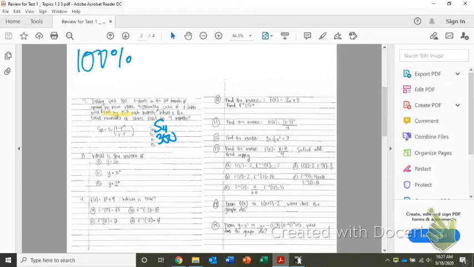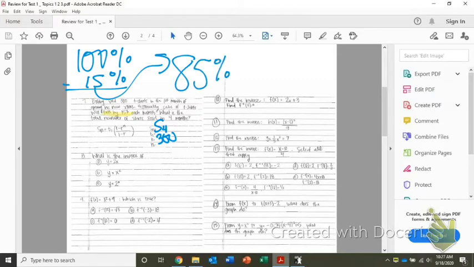If it is falling by 15% or it is decreasing, then you have to subtract that 15% to get 85%. So your rate is 0.85, because the problem tells us that it falls by 15%.